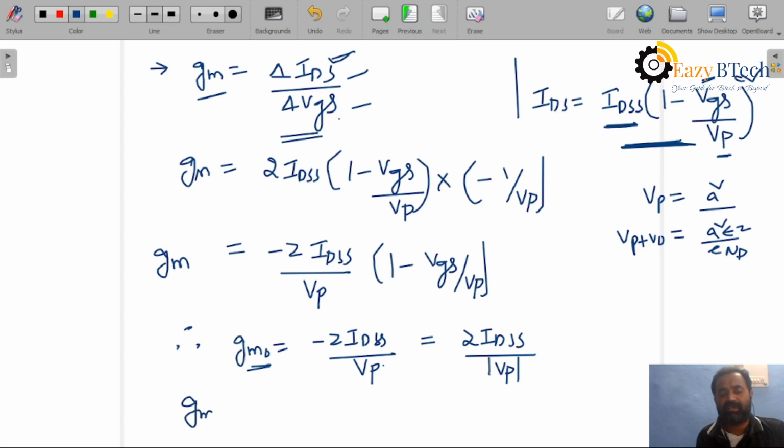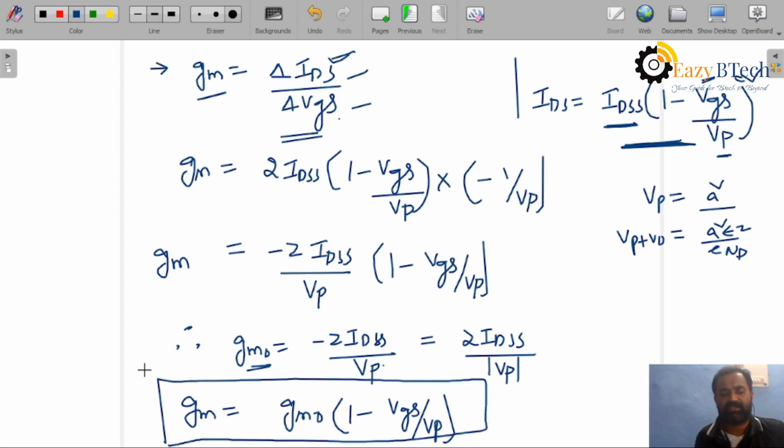We will write gm is equal to gm0 into 1 minus VGS by VP. This is one of the formulas for transconductance.